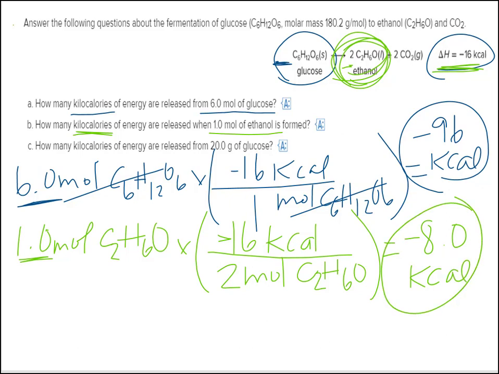And let's do letter C. How many kcals of energy released from 20 grams of glucose? Okay, so we're starting with grams. And again, hopefully you go, oh wait, grams. Always if you start with something, you gotta get to moles. So 20.0 grams of glucose, C6H12O6.